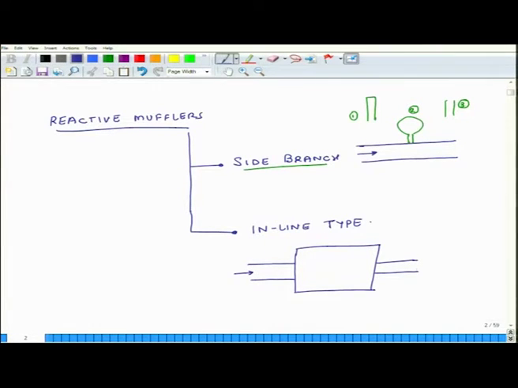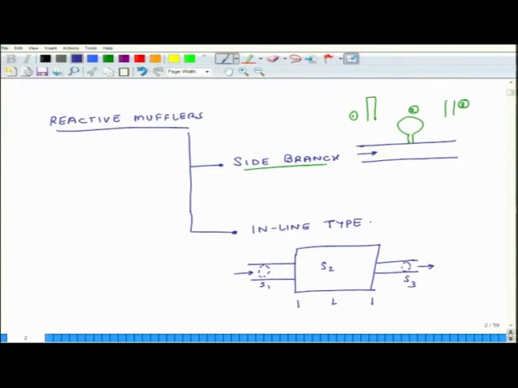So, this is inlet of the muffler, this is exit of the muffler, and the cross sectional area here is S1, cross sectional area here is S2, and the cross sectional area here is S3, and S2 is very large compared to S1 and S3, and then this length is L. So, we will learn about the mathematics of this type of a muffler, and this type of a muffler is known as inline type because it is in the line, in the direction of the flow of sound.